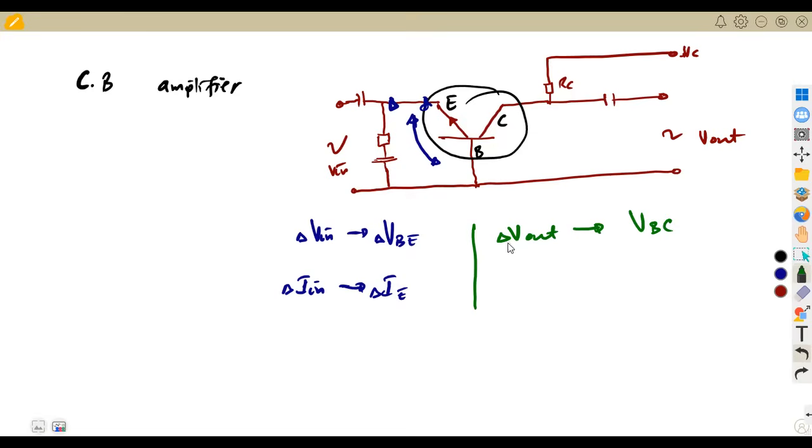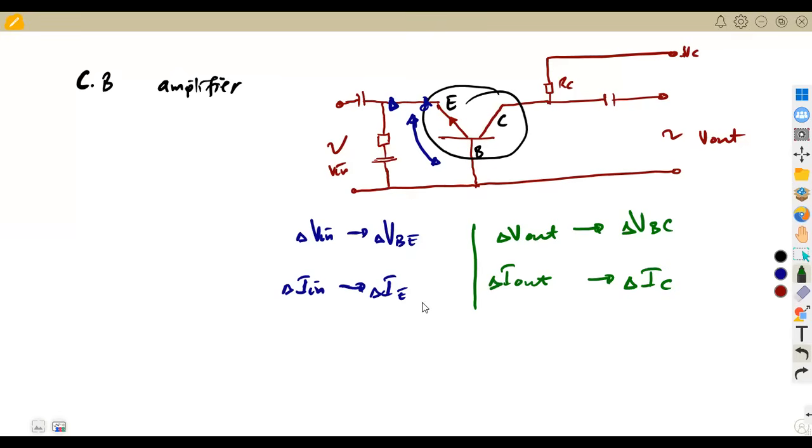If I talk about the change in V out, it will be the change in VBC. At the output, we are talking about IC, the current that flows there. So the output current is IC, and the change in output current is the change in collector current.